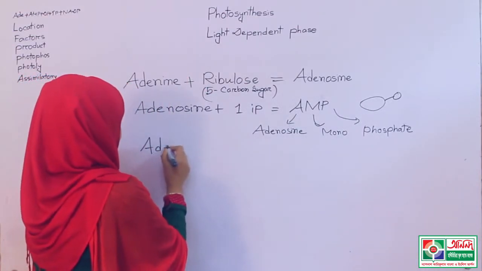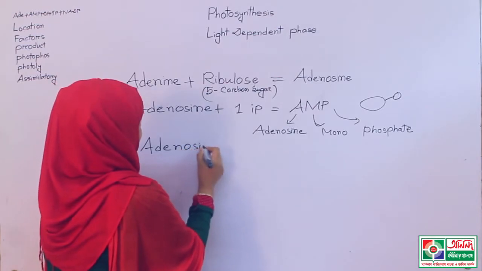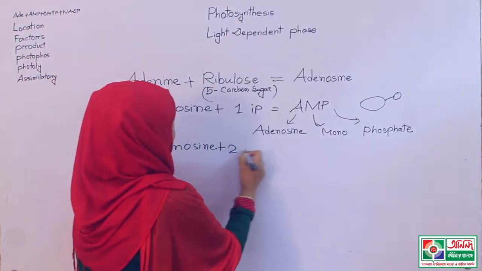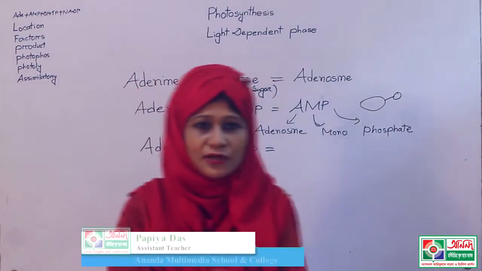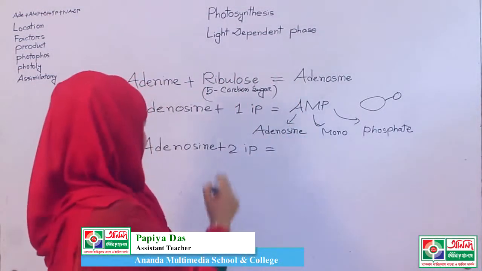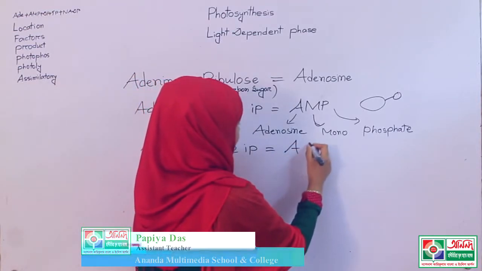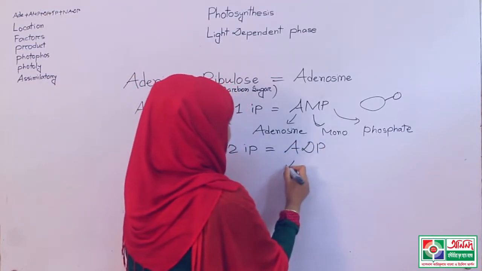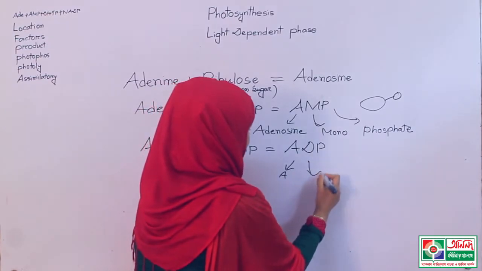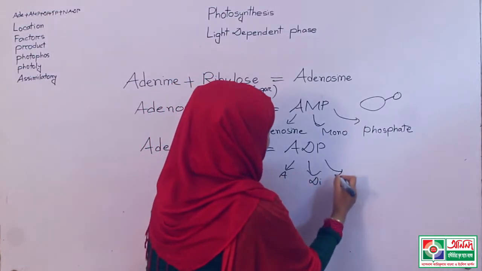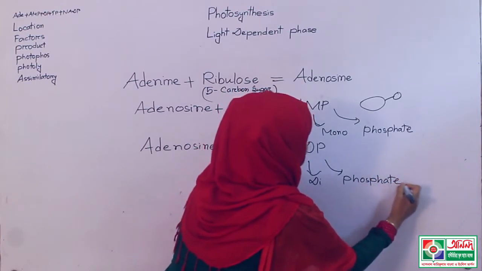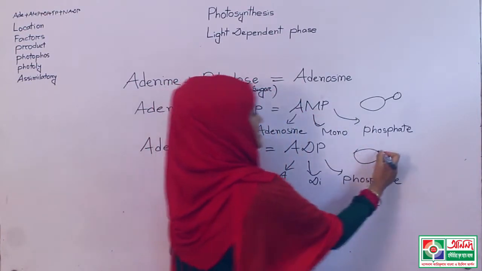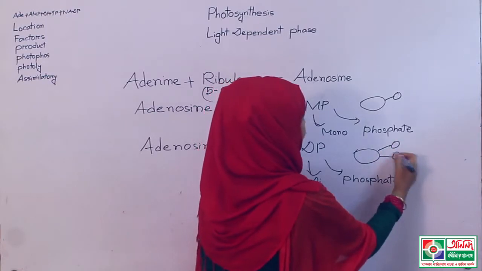Again, if adenosine plus 2 molecules of inorganic phosphate, I means inorganic, P means phosphate, then we will get ADP, adenosine diphosphate. Suppose this is adenosine and 2 phosphates, 1 and 2.